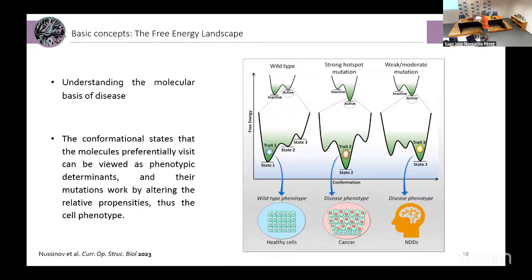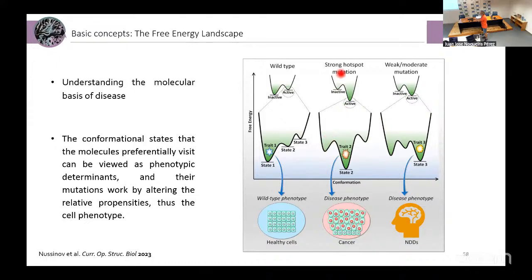Okay. In an example of a disease, let's continue with the disease problem. What happens when a new mutation appears? This is what happens with cancer cells, right? Some mutations appear in specific proteins at specific positions, and this induces some cancer diseases. So this is a phenotype induced by a change in the free energy landscape.